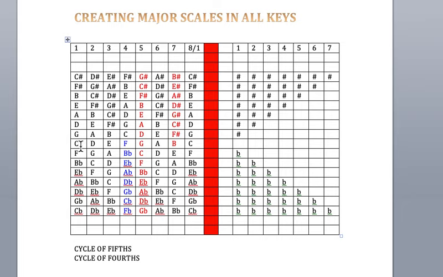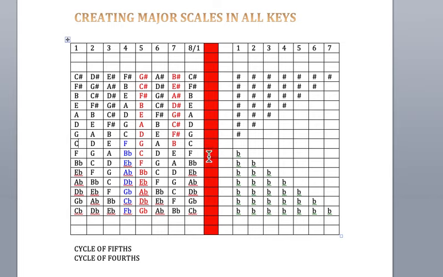And down here you have F, and from the flats you also have the spelling of BEAD GC with flats. So that's how you can memorize it, and your C is always in the middle there.